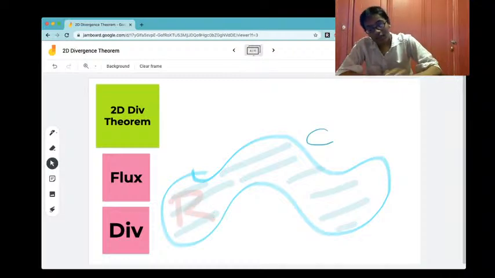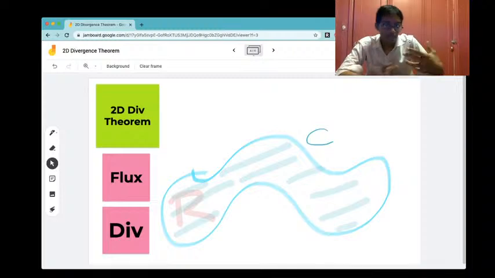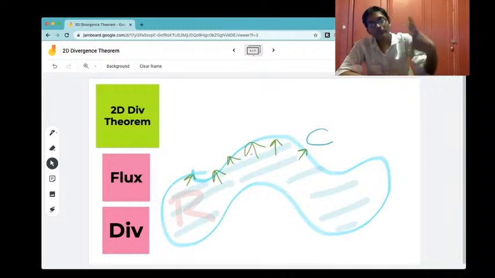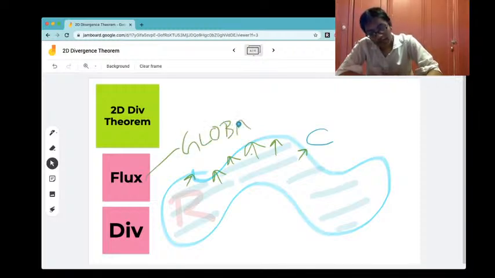What is flux all about? Flux is basically telling me how fast or how many particles are exiting the C, the boundary of this surface, per unit time. Okay, so that's what flux is all about. It's kind of a global view. So when you think about flux, you should be thinking about a global perspective, a kind of bird's eye view, right?